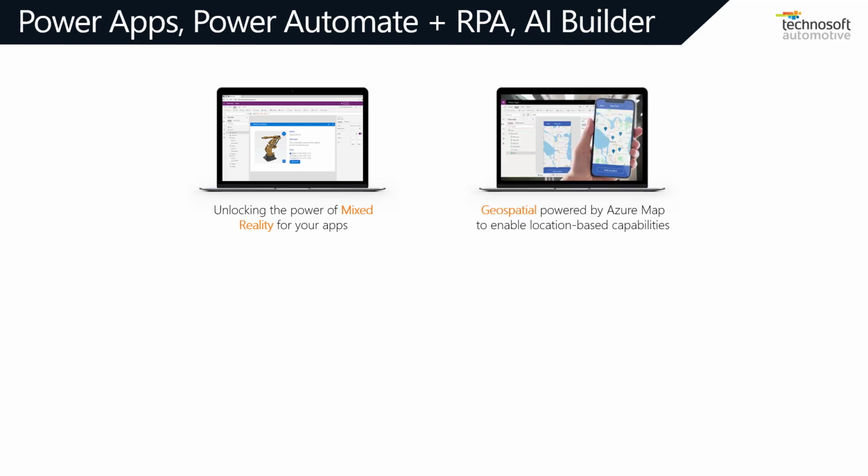The second is geospatial. These new components are powered by Azure Maps Service, but you don't need to be a professional developer to take advantage of this feature. You can add this component with the ease of drag and drop and low-code development. The controls include interactive maps, address suggestion, and location-based data visualization.